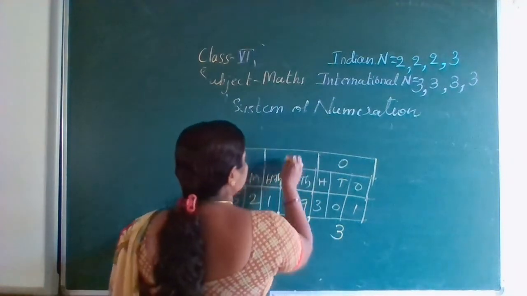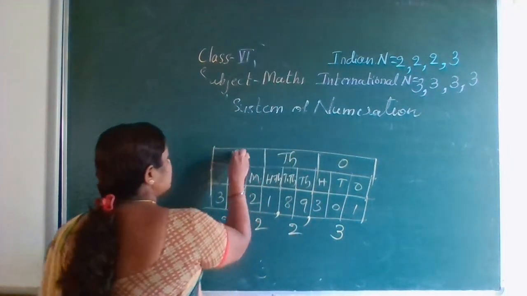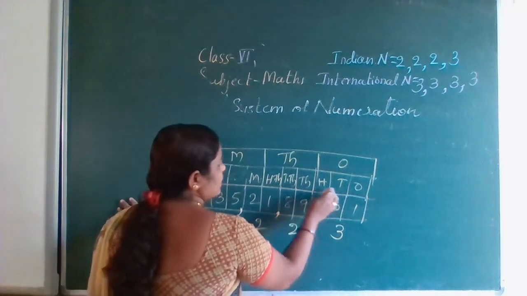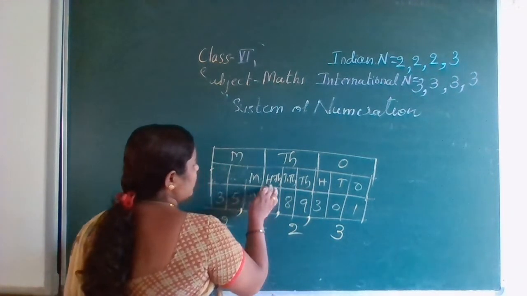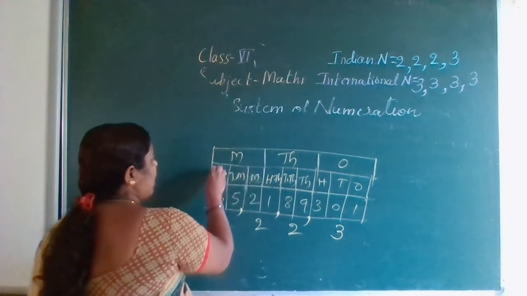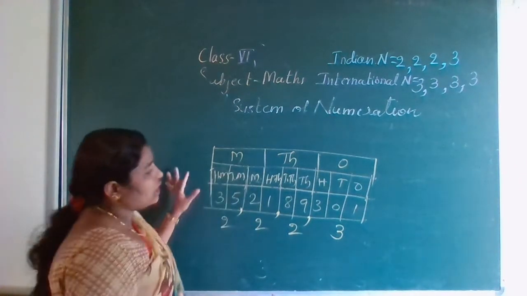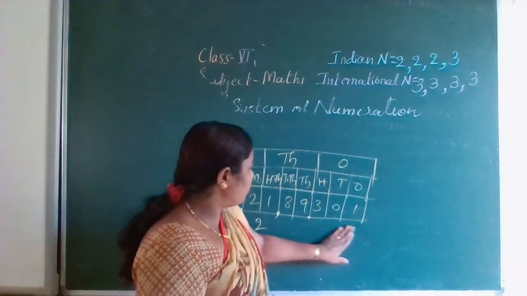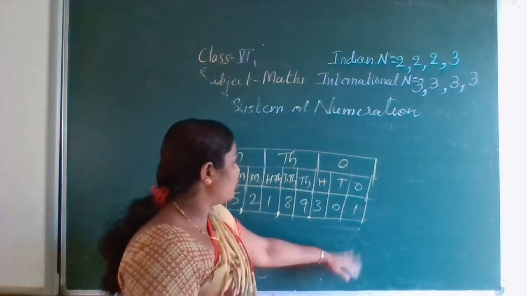So this is ones, this is thousands, this is the million box. Ones, tens, 100, 1,000, 10,000, 100,000, then million, 10 million, 100 million. This is the placement box of the international system of numeration.